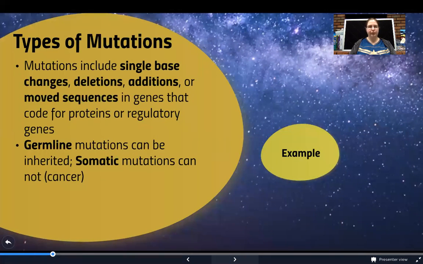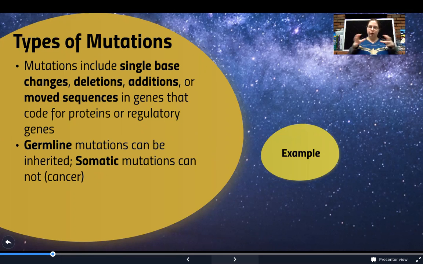So types of mutations. This is just very, very broad and basic. We're actually going to get to the more specific types in a little bit. Mutations include single base changes. That means changing one base for another. So for instance, if you have a guanine, changing it to a cytosine or thymine or adenine.